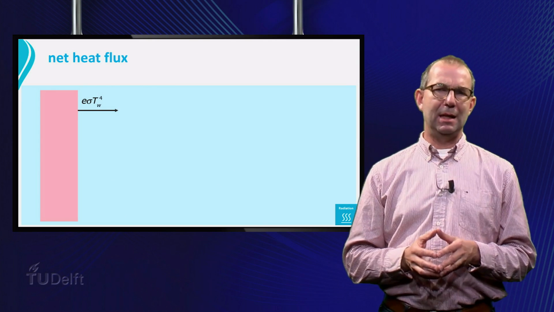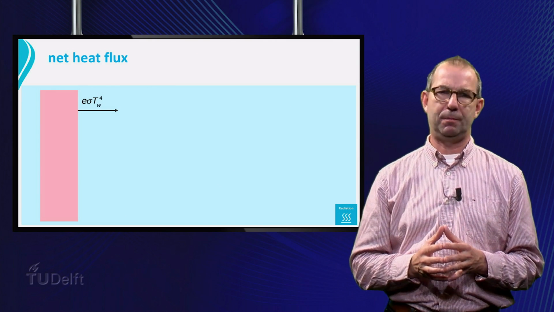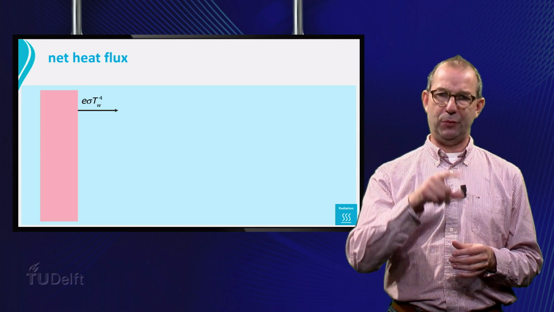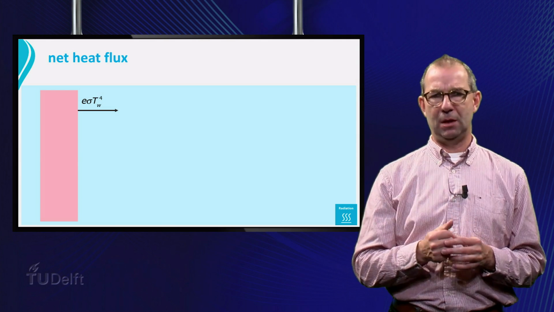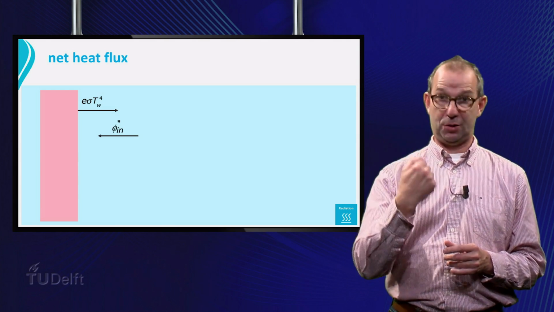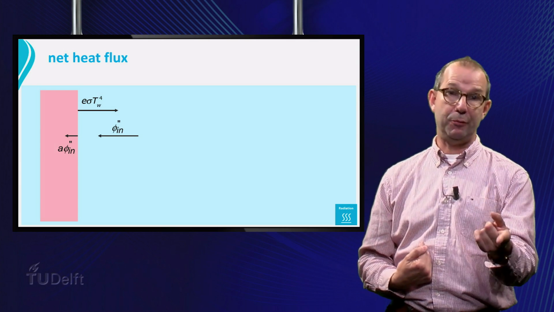Okay, let's look a bit better at the fluxes of radiating bodies. If the body is grey, it will radiate a flux of E sigma T wall to the power 4. An incoming flux phi double in is partially absorbed, partially reflected.